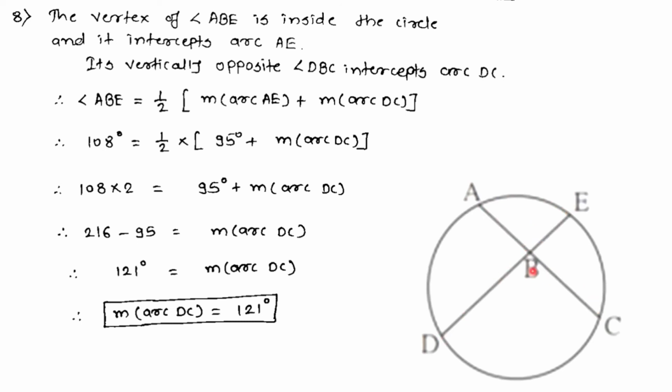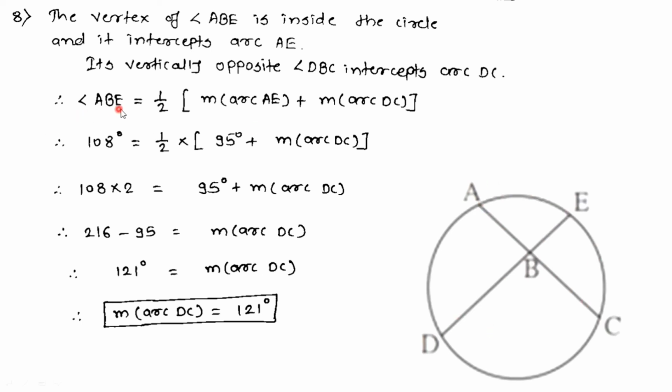If this is the situation, then to find the measure of angle ABE, we have one formula. We have to add arc AE and arc DC, which are intercepted by angle ABE and angle DBC, and we have to make half of it. That is, angle ABE is equal to half of measure of arc AE plus measure of arc DC.